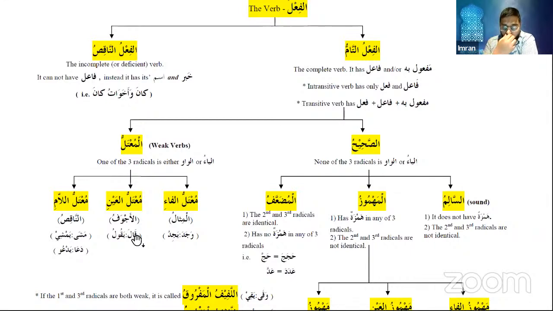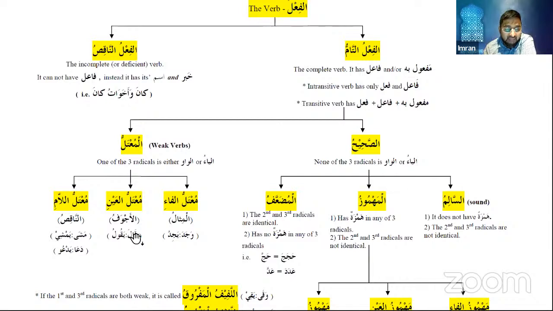So the qawala was changed from a waw to an alif. These are some rulings, which I'll teach you later, on why sometimes in the weak letter verbs, the waw changes to an alif. So qawala became qala. Qala Rasulullah sallallahu alayhi wa alihi wasallam.